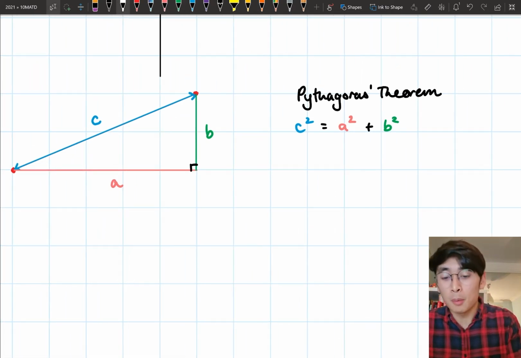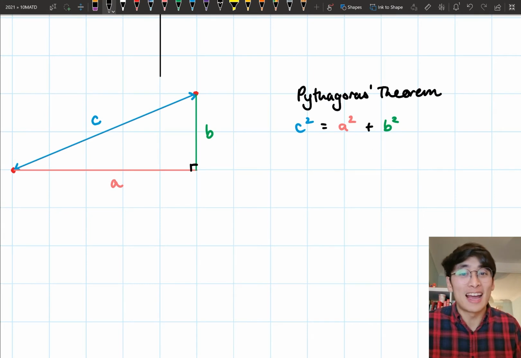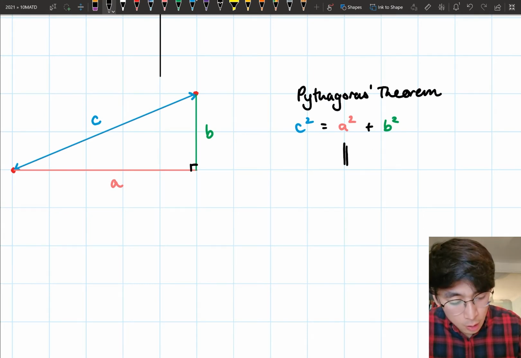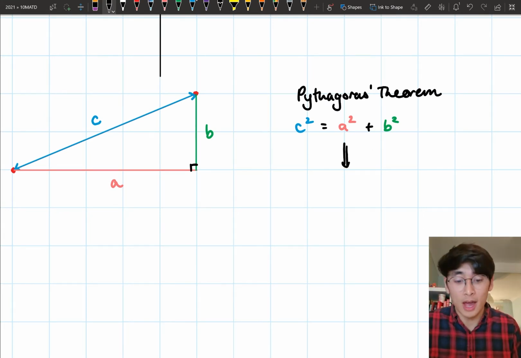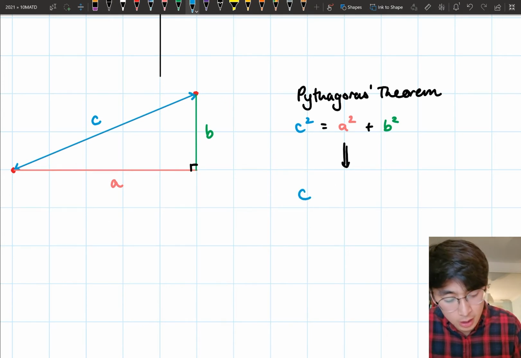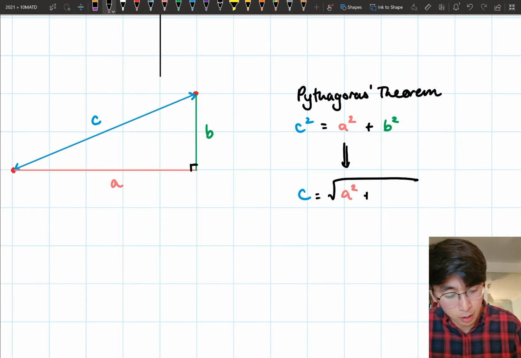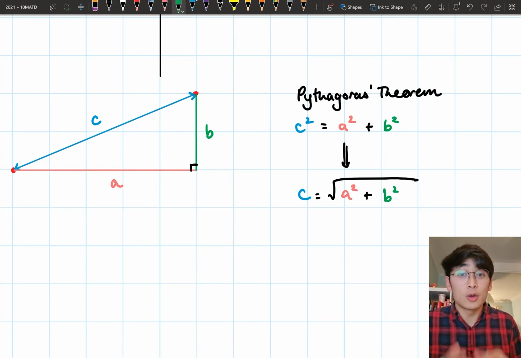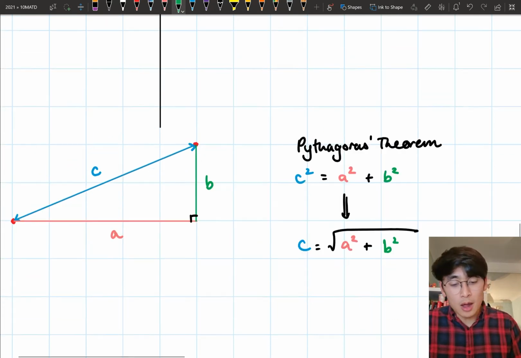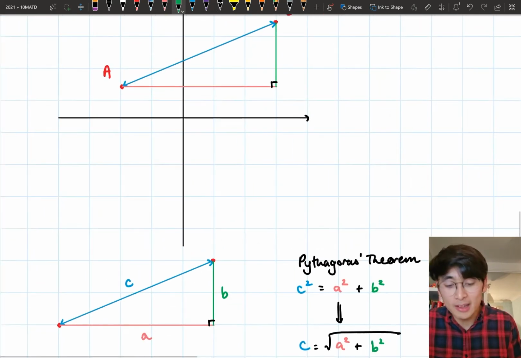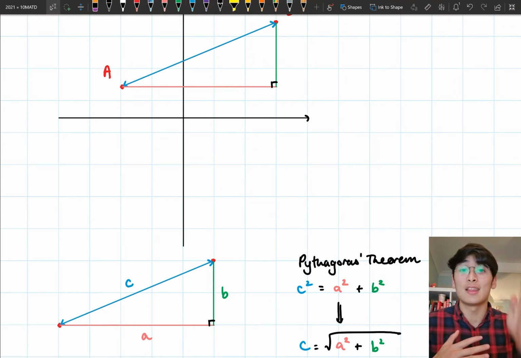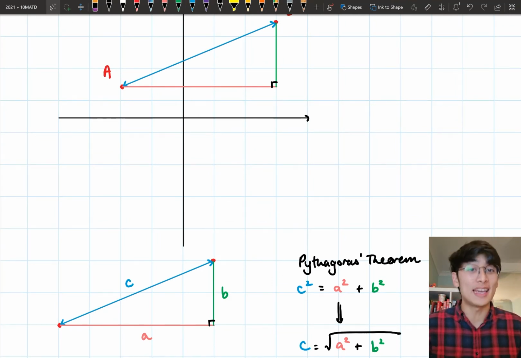But we don't want to find C squared. We want to just find how long C is. So if I want to undo a square, I just take the square root. So here, C would just be equal to the square root of A squared plus B squared. And the reason why I've drawn these lines is because finding this horizontal distance and this vertical distance is quite easy.